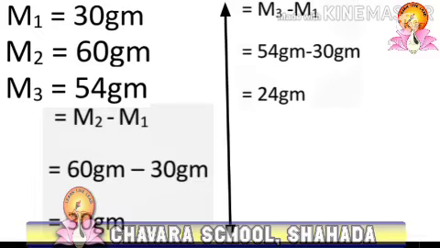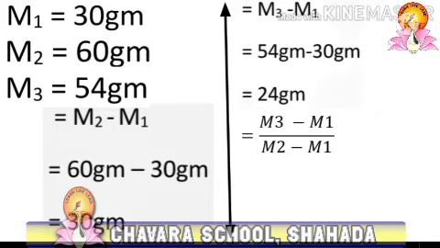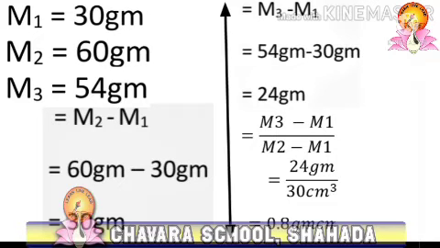Therefore, density of a liquid is equal to mass of a liquid upon volume of a liquid. After putting the values, M3 minus M1 upon M2 minus M1, that is 24 gram upon 30 centimeter cube, the answer we get is 0.8 gram per centimeter cube, and that is nothing but the density of a liquid.